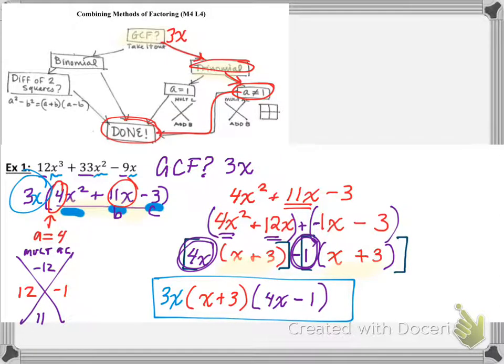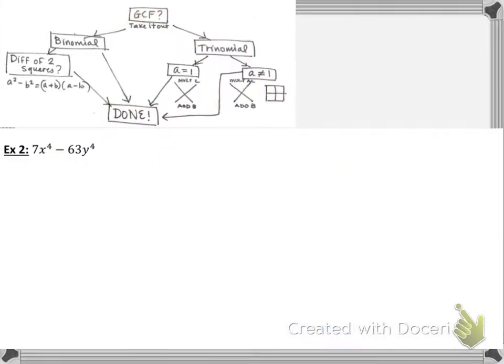Okay, so now let's move on to the second example. And the second example is 7x to the 4th power minus 63y to the 4th power. So once again, we're following the flow chart, and the first question to ask is there a GCF? I'm looking between, I see x's and y's.